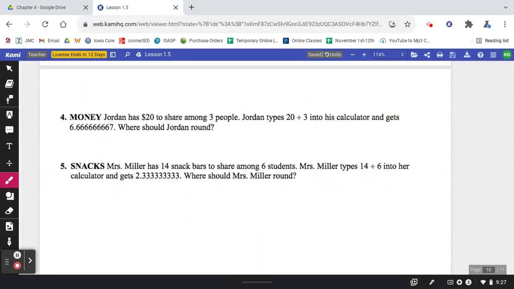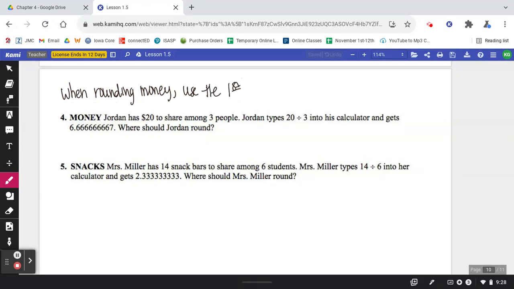Okay, now we get into the money problems. And we have a note here about money. When rounding money, use the first 2 decimal places and drop the rest.